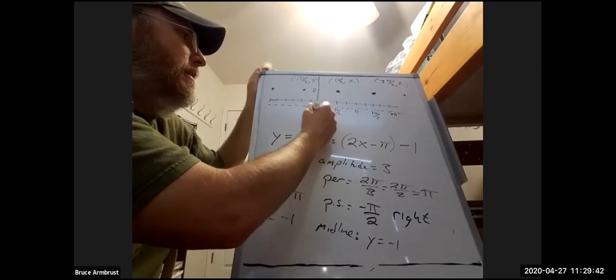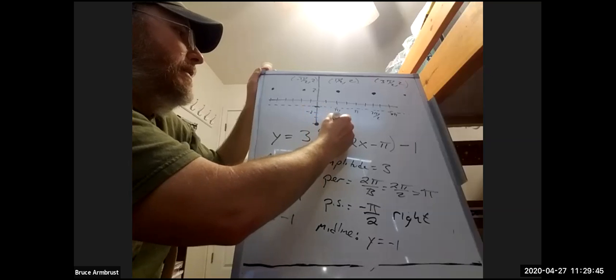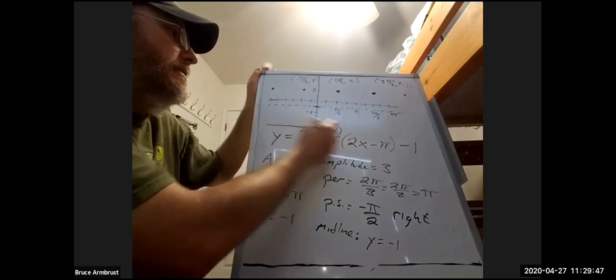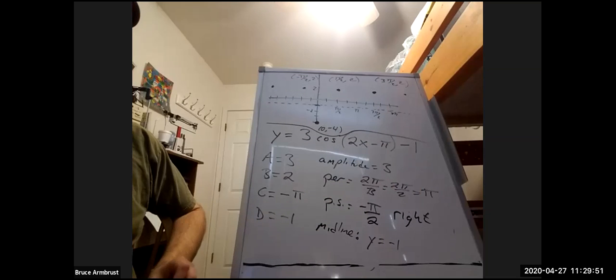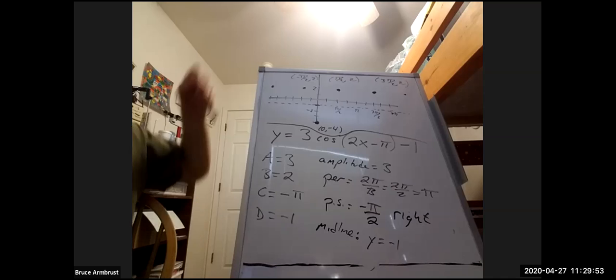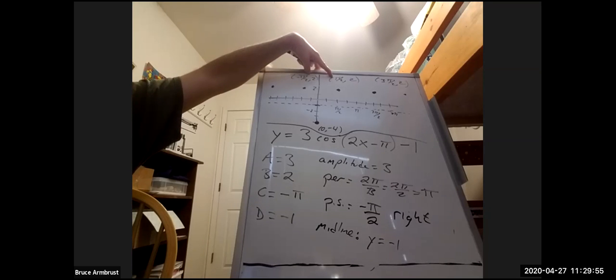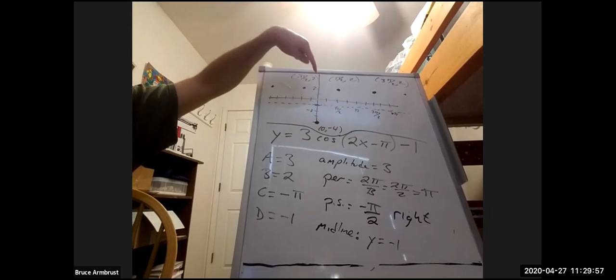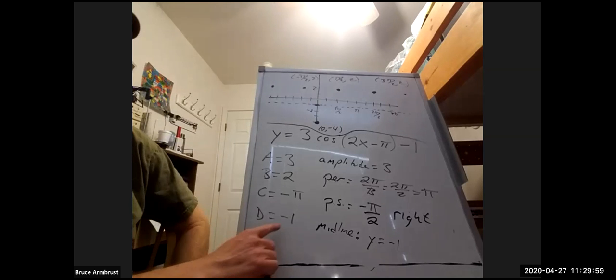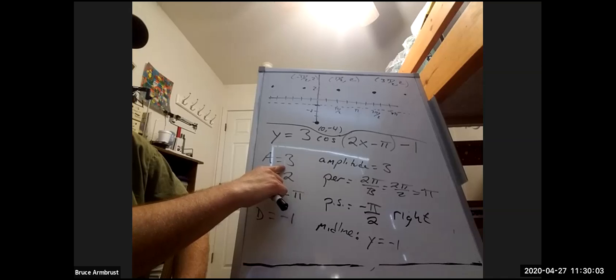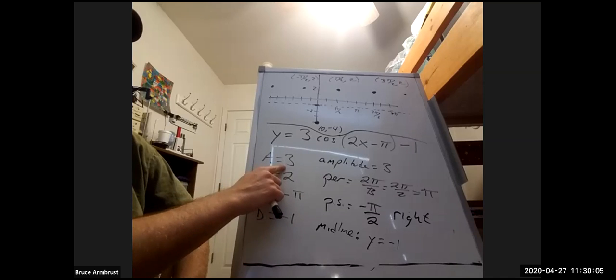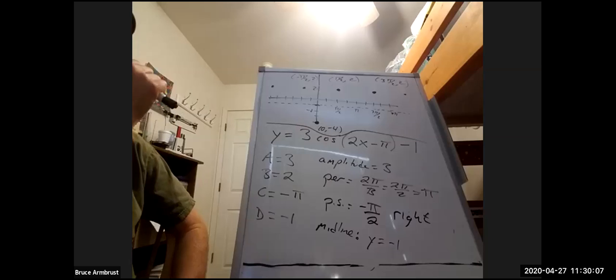So this is the point (0, -4). The 0 comes from the fact that it's halfway between these two. And the -4, just like the 2, is found by taking that midline value and subtracting the a. So -1 minus 3 brings us down to -4.